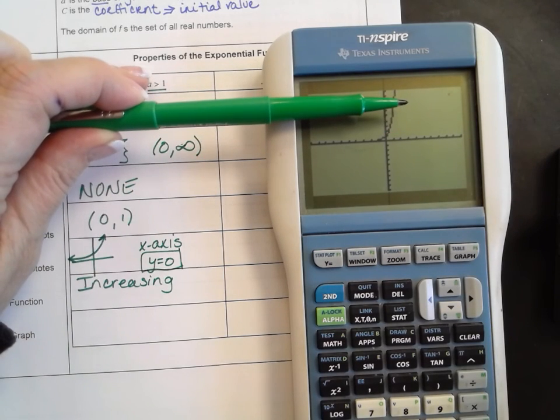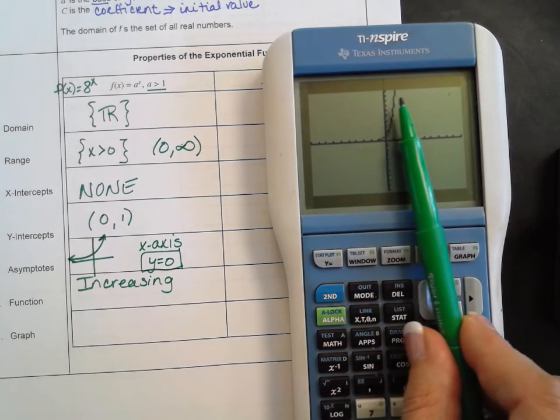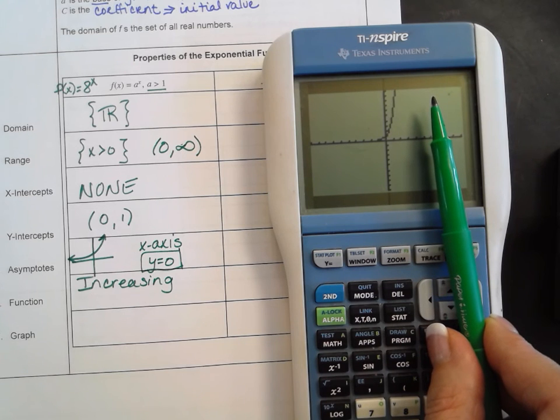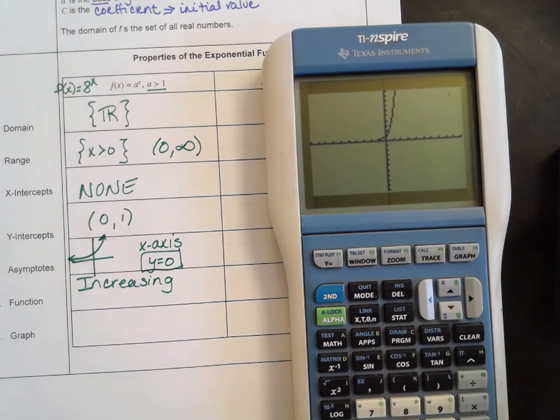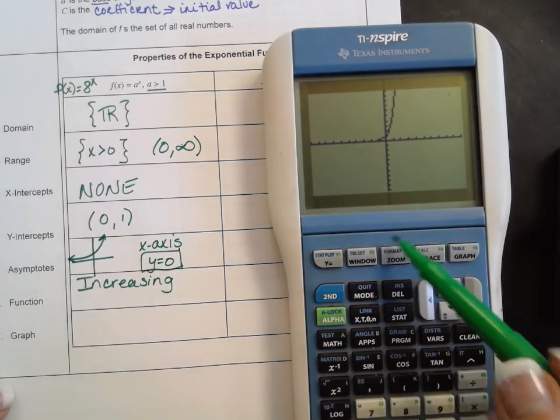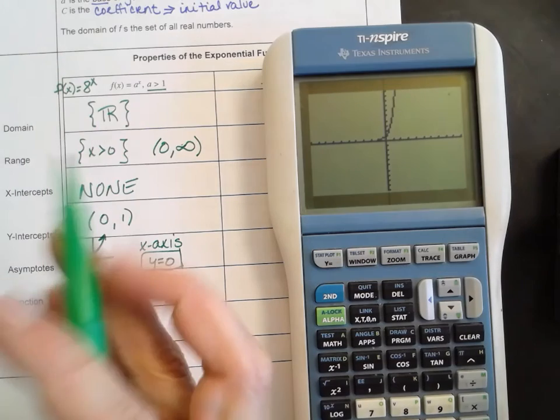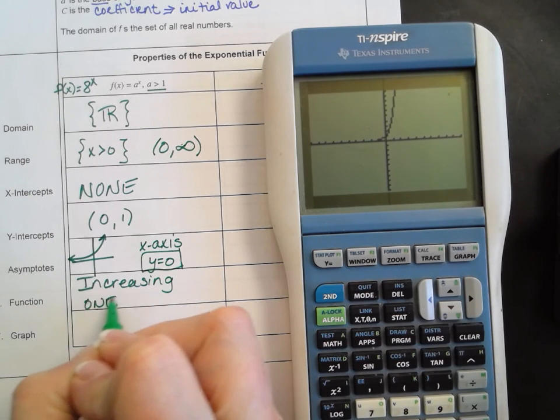What does the vertical do? What does a vertical line test tell you? That one's just whether it's a function. Horizontal, going horizontally, tells you if it's one-to-one. And are we one-to-one? Yes, it never hits.